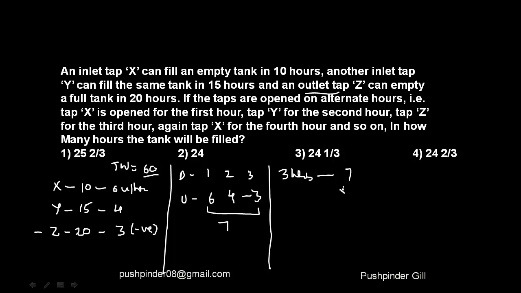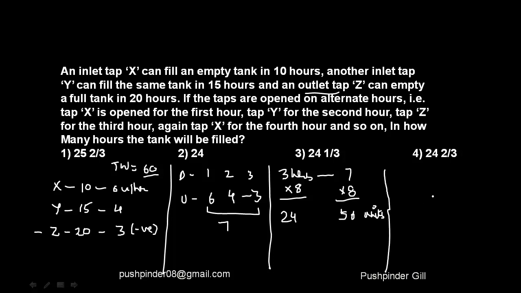Now we have to get close to 60 because we have to fill the tank. So if we have to get close to 60, we have to multiply by 8 over here. Fine. So by multiplying 8, I get 24 hours here and I get 56 units here. Now how many units do we need? We need 4 units.